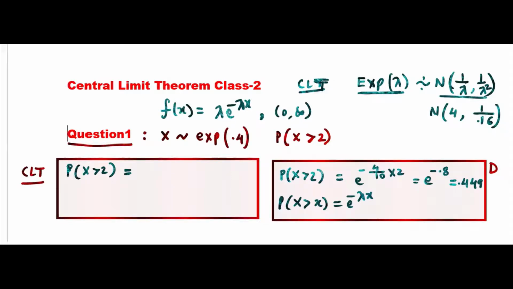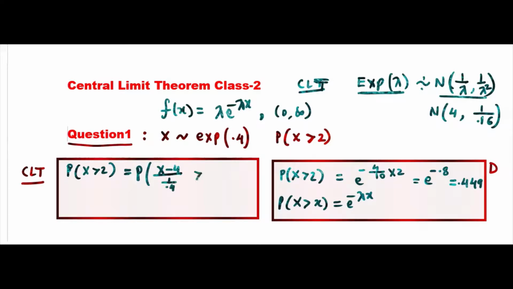Now, probability x greater than 2 I want. I will change it to standard normal. Then it will be probability of x minus 4 divided by the square root of this one, that is 0.4, right? 1 upon 0.4.